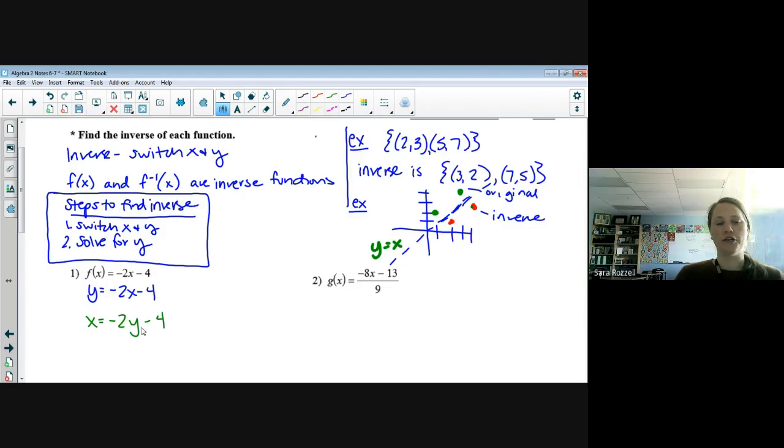Okay. Now we're trying to get y by itself. So what are we going to move first, the 2 or the 4? The 4, right? We're trying to get y alone. So we're going to add 4 to both sides first. So x plus 4 equals -2y.